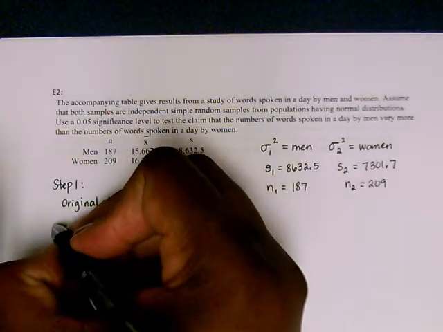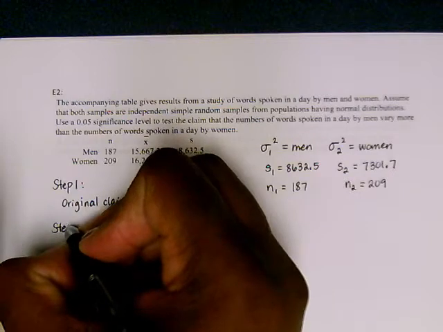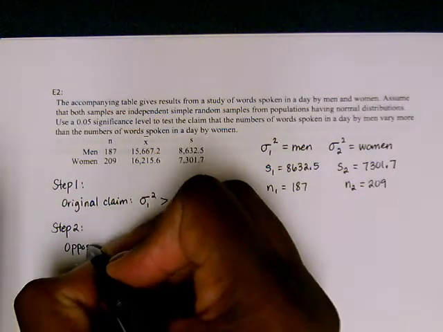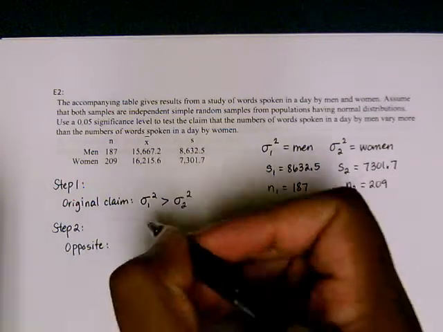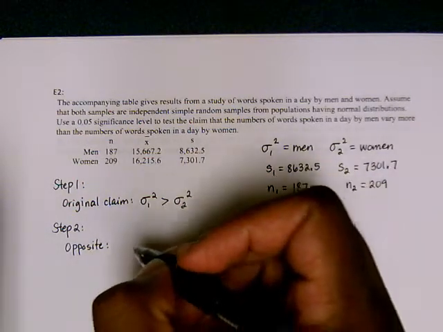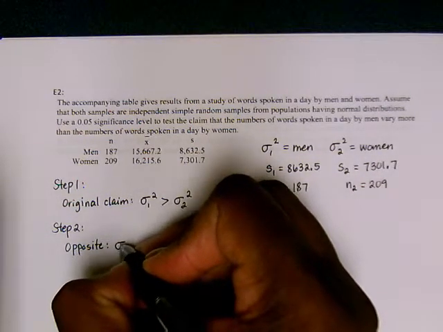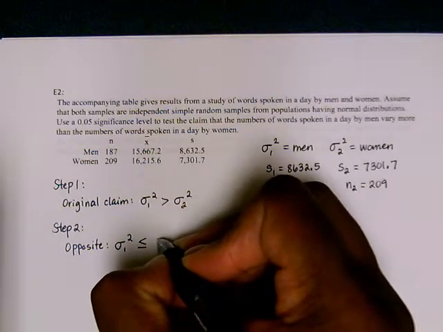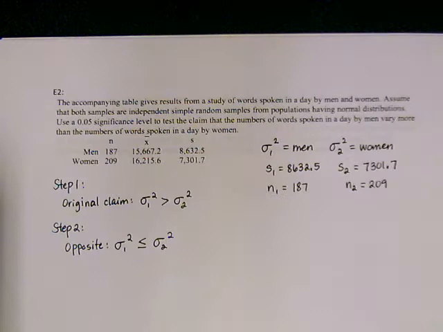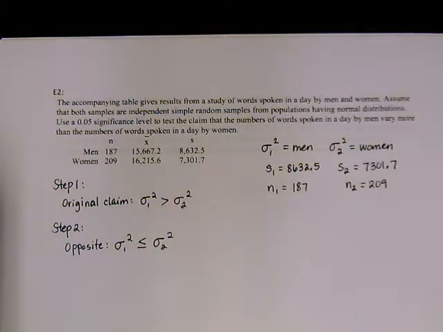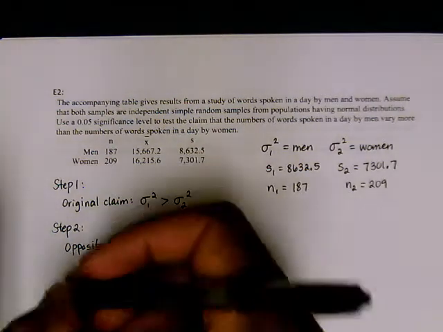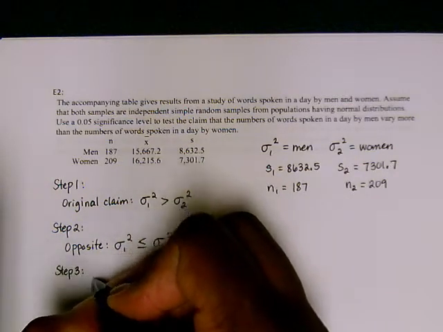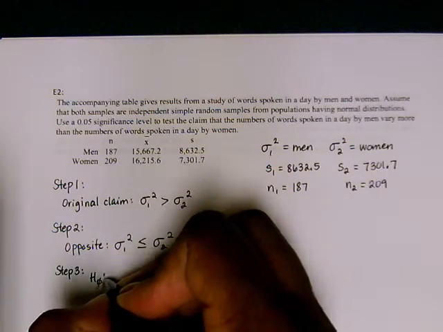Step number 2 is the opposite of the original claim. In this case, the opposite of greater than will be less than or equal to. So sigma 1 squared is less than or equal to sigma 2 squared. Then step number 3 is writing the null and the alternative hypothesis.